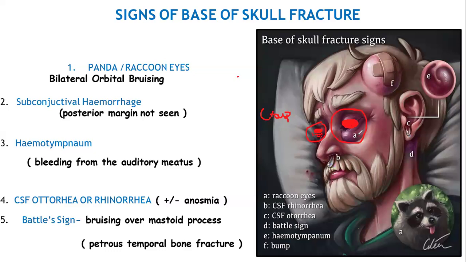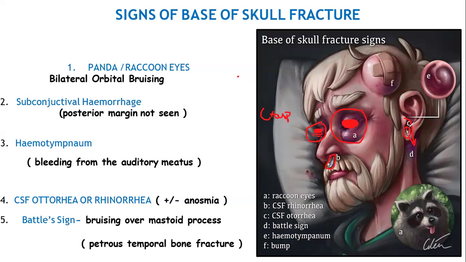Panda eye, subconjunctival hemorrhages, then comes hemotympanum. Hemotympanum means blood coming from the auditory canal. Blood can come from the auditory canal, CSF can come from the auditory canal, and CSF can also come from the nose as well, right?